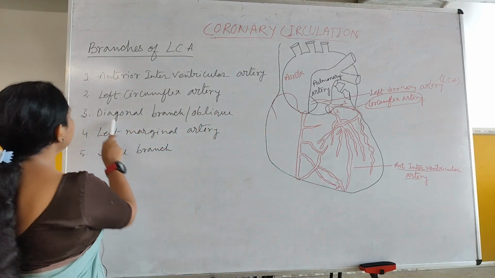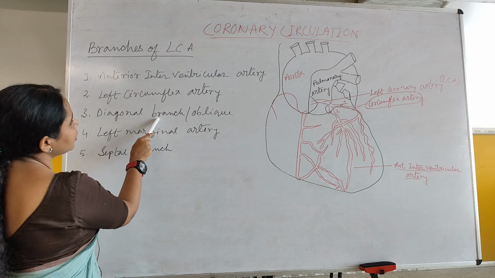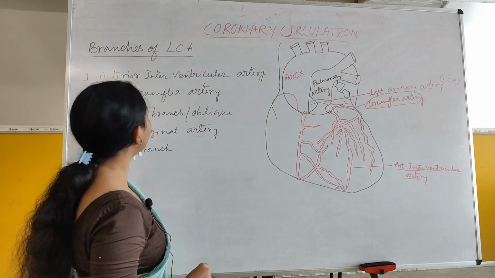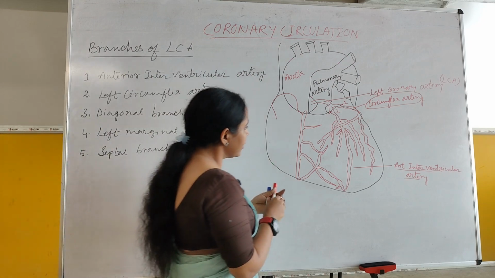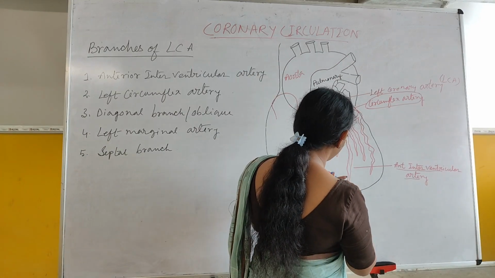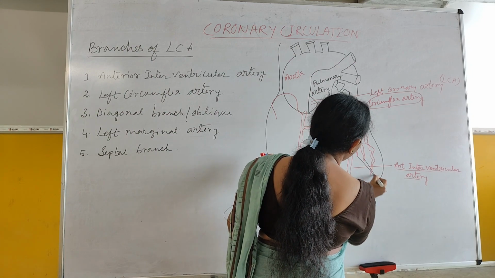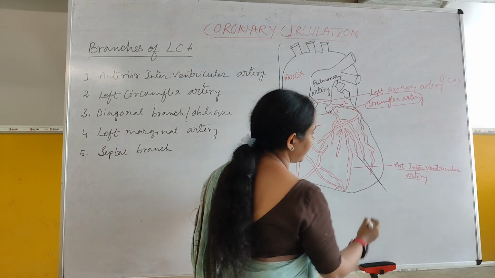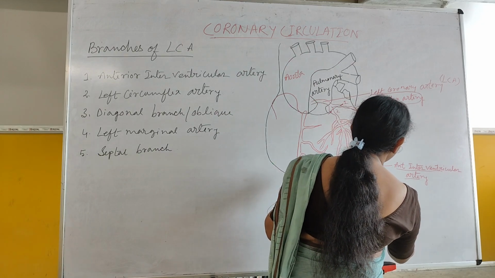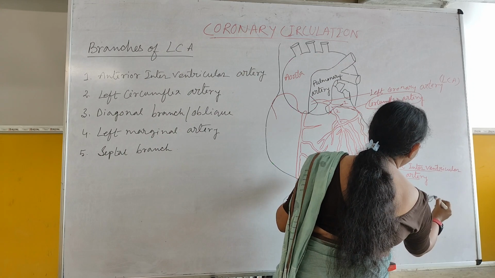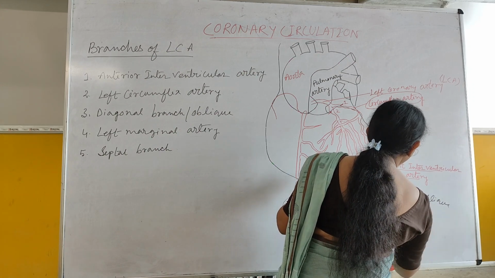Next, the diagonal branches or oblique artery. What are they? They are these two arteries you can see here, this one and that one. They are obliquely placed, so they are known as diagonal or oblique branch.